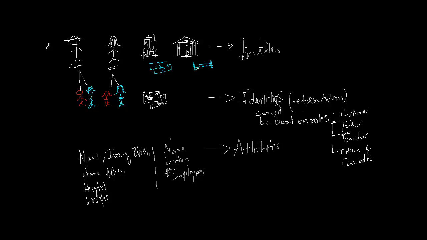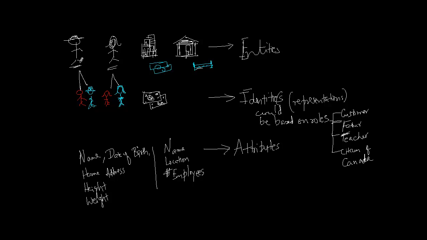So in this slide, in this screen, you would see right now, running across the top from left to right are what we call entities. Entities are concrete objects that one could tangibly perceive in this world.